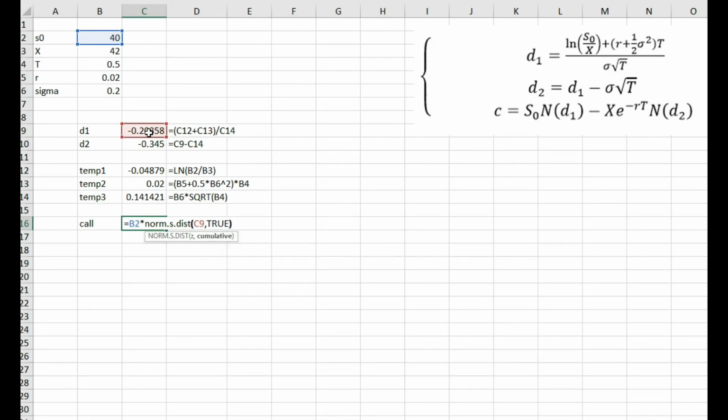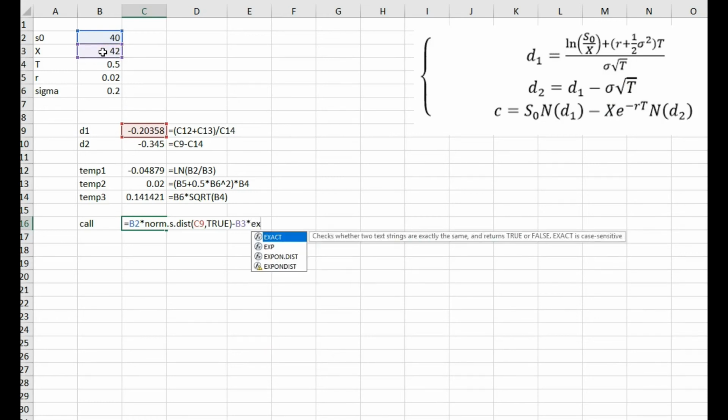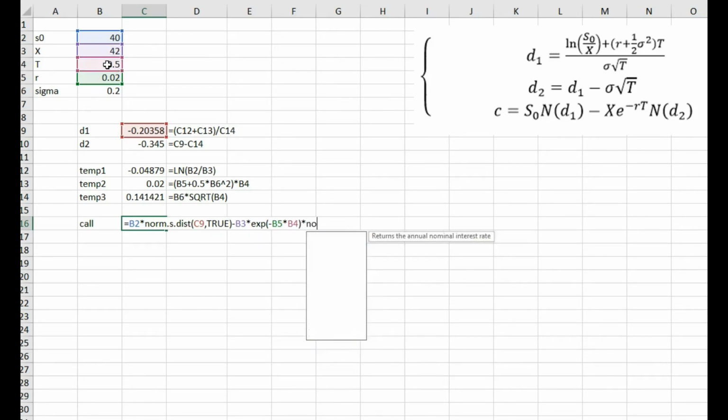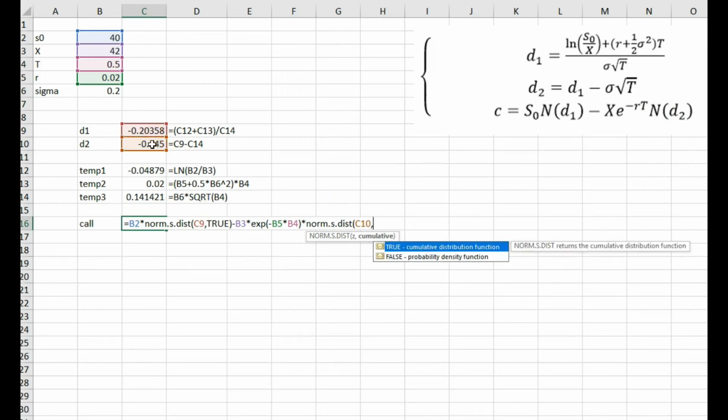So this is the first part, minus the exercise price X times the present value, exponential of negative risk-free rate times maturity, times NORM.S.DIST of D2, here is D2, then 2.